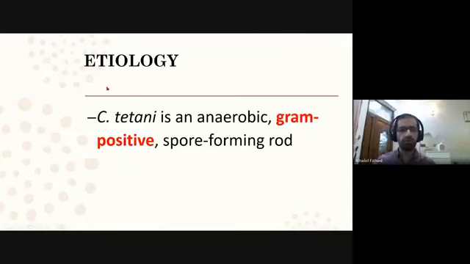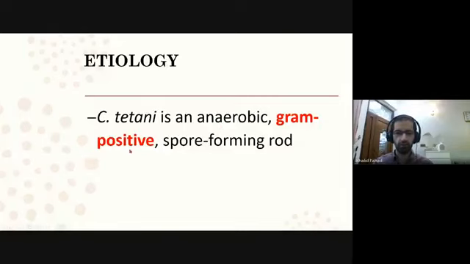What about the etiology of tetanus? As you know from bacteriology, Clostridium tetani is the responsible organism for tetanus. It is anaerobic, this is very important, so it is not aerobic. It is an anaerobic organism and needs special culture to cultivate it.